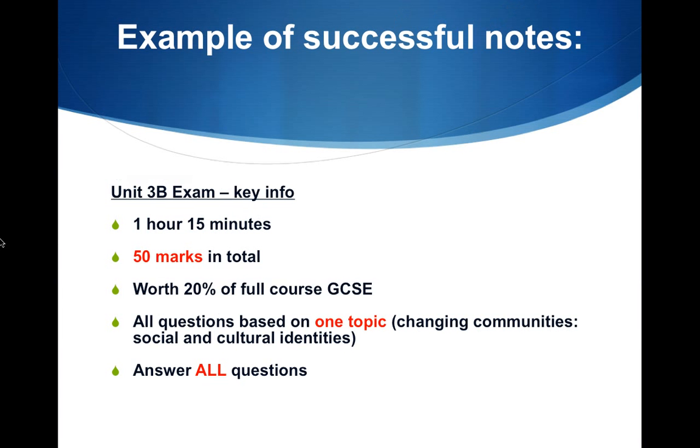I've also used bullet points, and I've made those short and concise with the key things that you need to know. There's no point in writing pages and pages if you don't need to. I've also used colour, and some of you might think images are quite useful here in terms of remembering things, but they just pick out some of the things that you really need to remember. So this is what your notes should be starting to look like here.